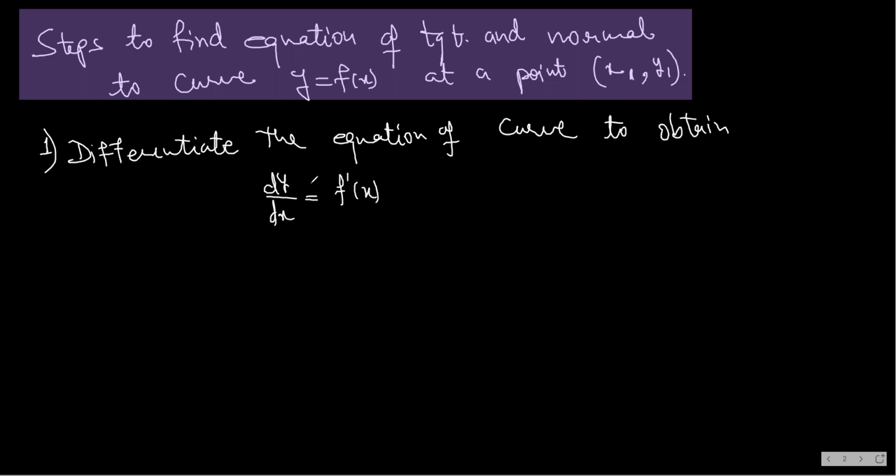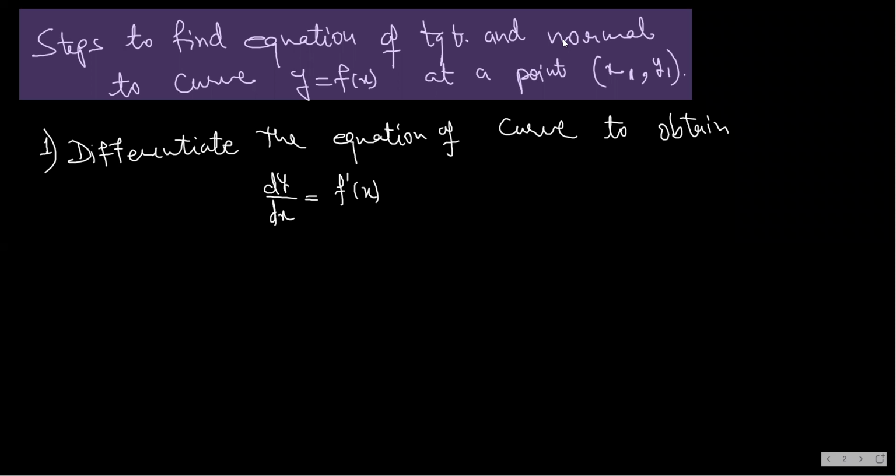Listen students, you are finding the equation of the tangent to the curve. What is the equation of the curve? y equals f of x. So you will differentiate this curve, and you get dy by dx equals f dash x.